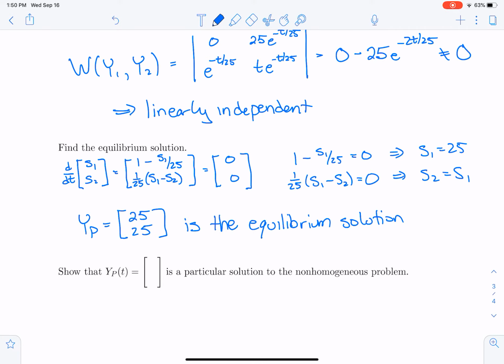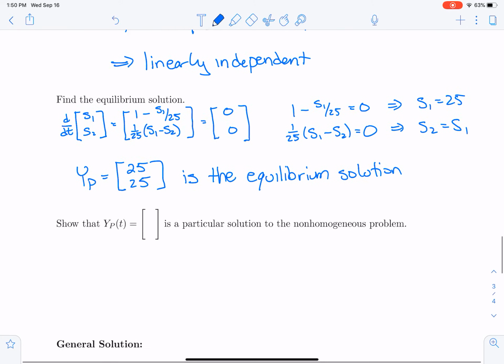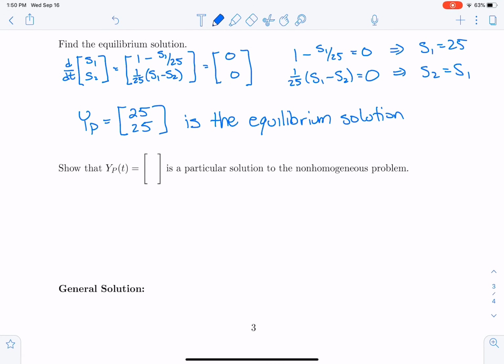Now I want to double check, is this actually a solution? Okay, so if I plug in 25 and 25, is that a solution? Well, the derivative y p prime is 0, 0. Okay, now I'm going to look at the right-hand side of the equation.